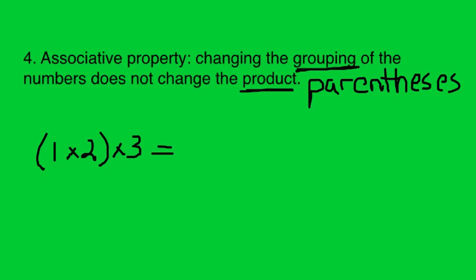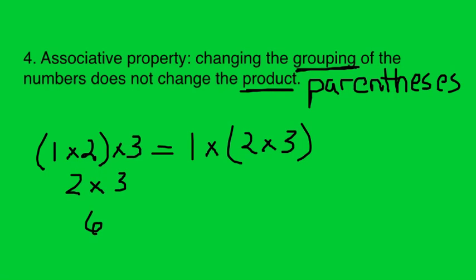Is that going to equal 1 times in parentheses 2 times 3? Well, let's take a look. 1 times 2 is 2. 2 times 3 is 6. Does that equal 1 times 6? Absolutely. Okay, so again, these are properties of addition and multiplication only.